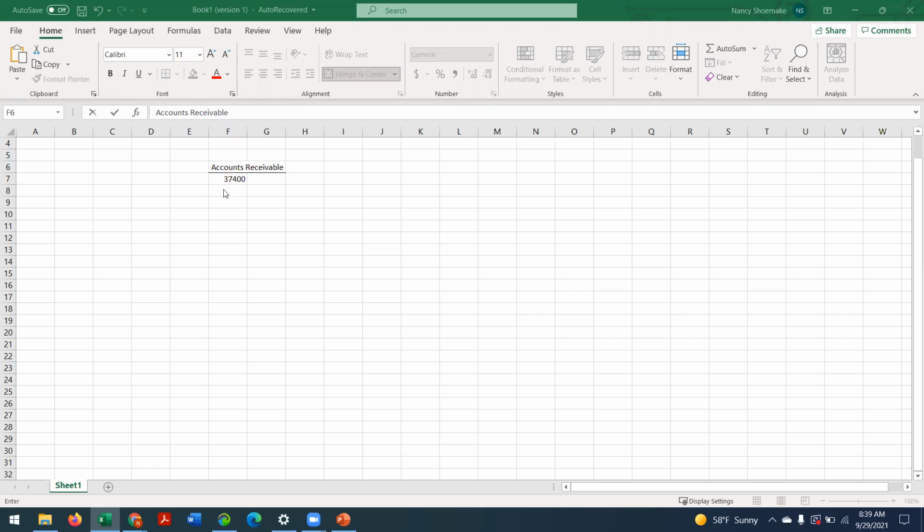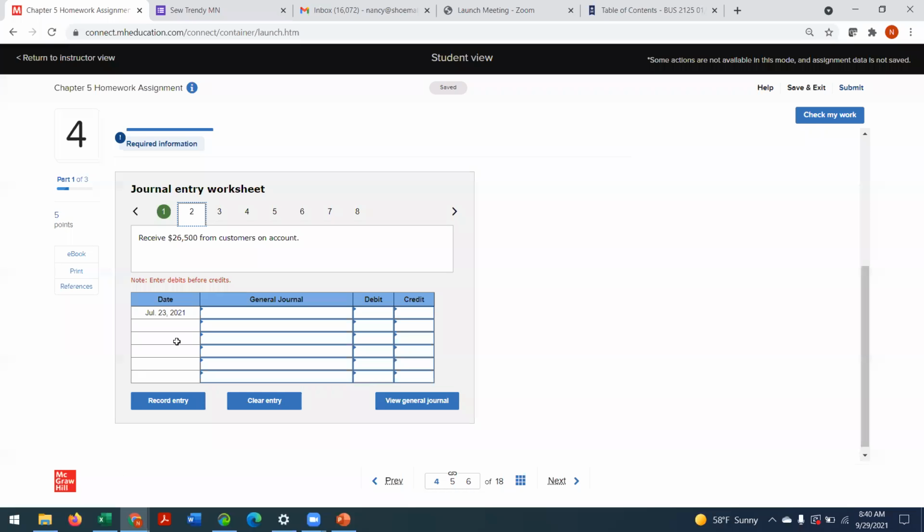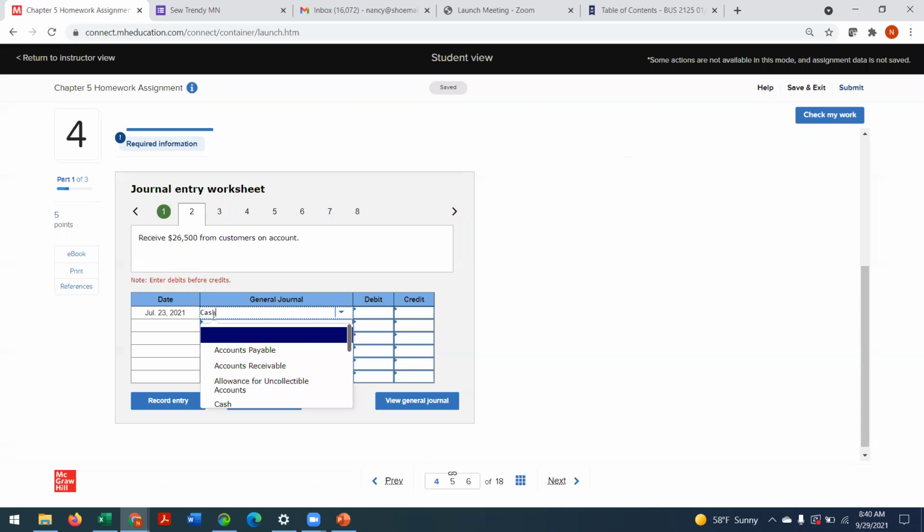Okay, so 37,400 is our accounts receivable. Now it says we received 26,500 from customers on account. We know we're going to debit our cash of 26,500. What are we going to credit, guys?